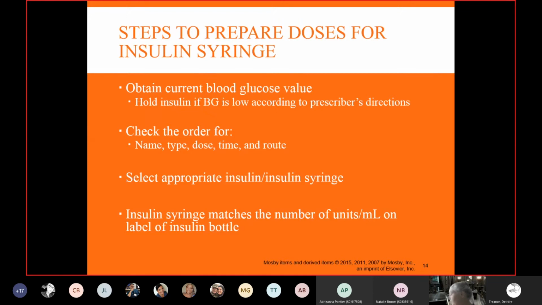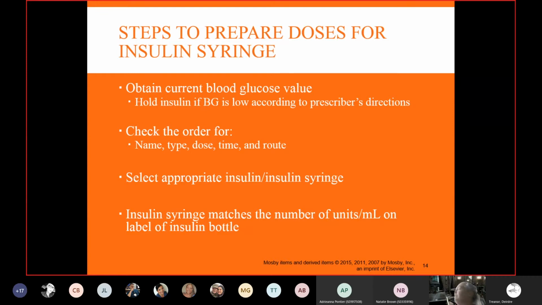So make sure you're checking your order for the patient's name, the type of insulin, the dose, so the amount of units, the time, and the route. The route for insulin is always going to be subcutaneous. Then make sure you're choosing the correct insulin syringe. Remember, we have U100 and U500.